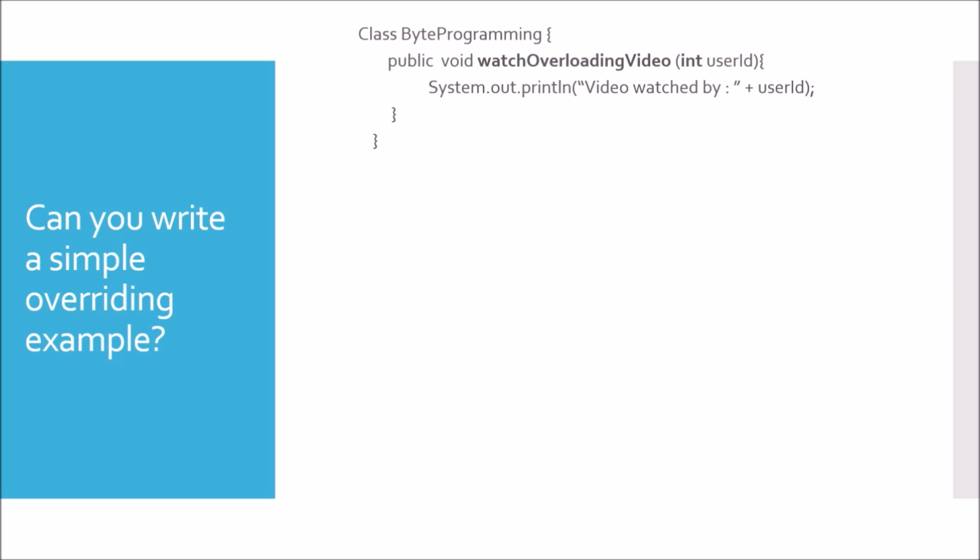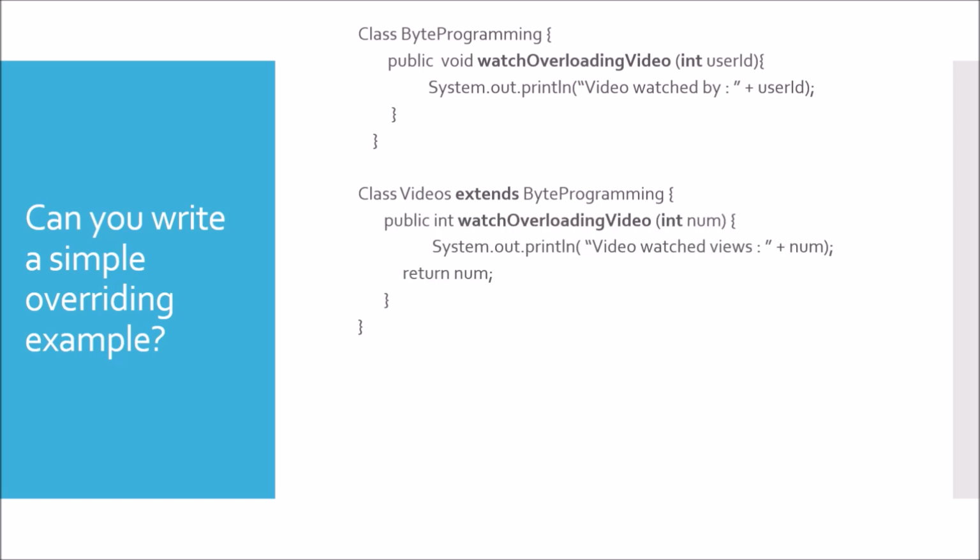Now I will create another class Videos which is extending ByteProgramming, and this class has the same method name watchOverloadingVideo and the same data type int also. Now if I call ByteProgramming byte = new Videos() and byte.watchOverloadingVideo(1), what will happen?